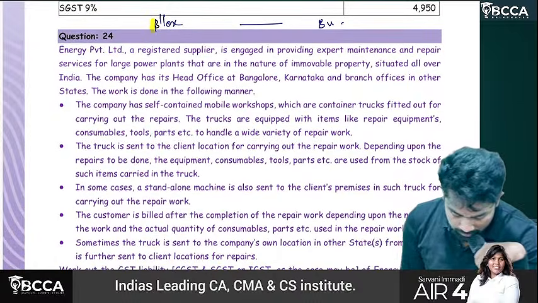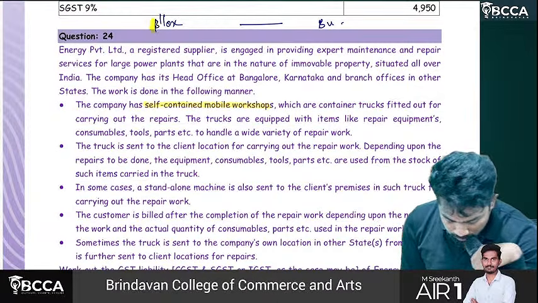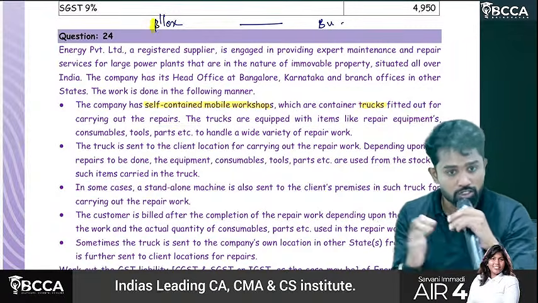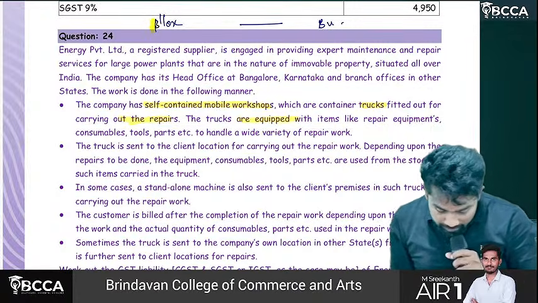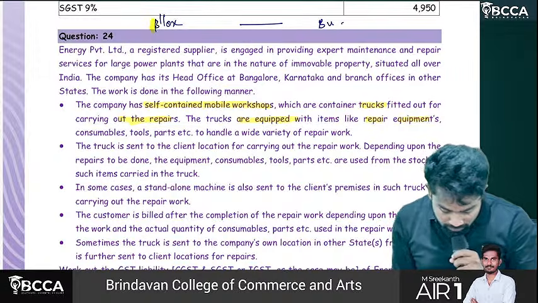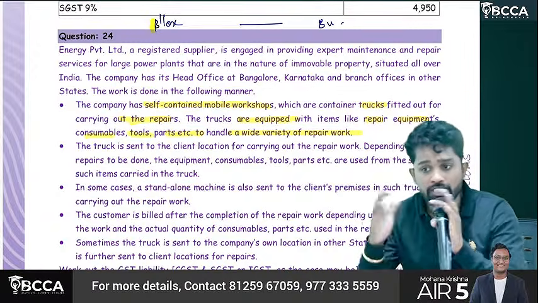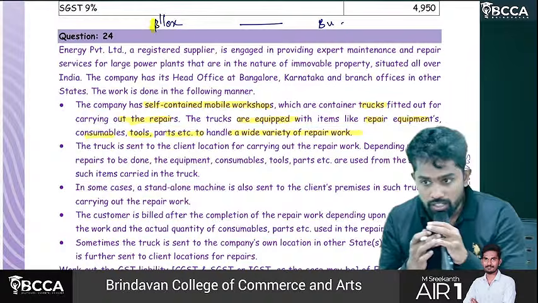The company has self-contained mobile workshops which are container trucks, like a mobile workshop fitted to the trucks carrying out the repairs. The trucks are equipped with repair equipment, consumables, tools, parts, etc. to handle a wide variety of repair work. It's a mobile van which can be sent to carry out the repair work.